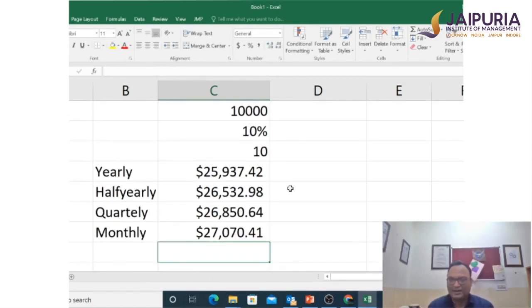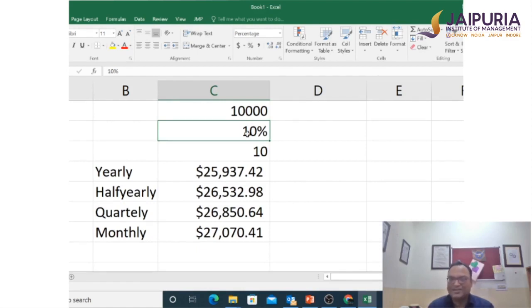So now if you look here, as the frequency of compounding is increasing, the amount which is being calculated is also increasing. That means even though the nominal rate is 10%, the effective rate is increasing. And therefore here we come to another important concept, which is called nominal rate and effective rate. So 10% yearly compounding, its nominal and effective will remain the same.